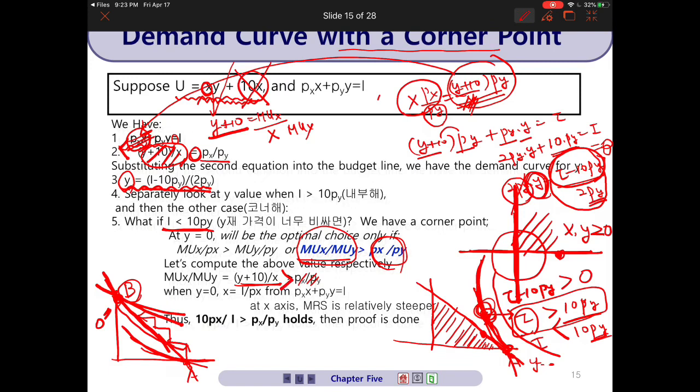That's what I'm asking. At this point, by the way, the value of Y becomes 0, because the point is lying on the x-axis. So we plug 0 into Y. Then 10 over x is greater than px over py.